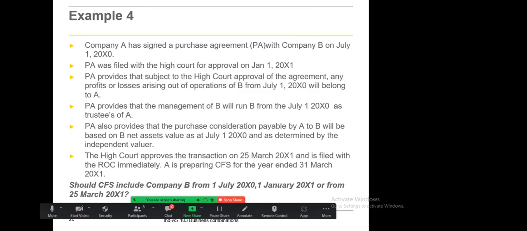Okay, in this case, the acquisition date will be 25th March 2001, because this is the date on which the High Court has approved the transaction.